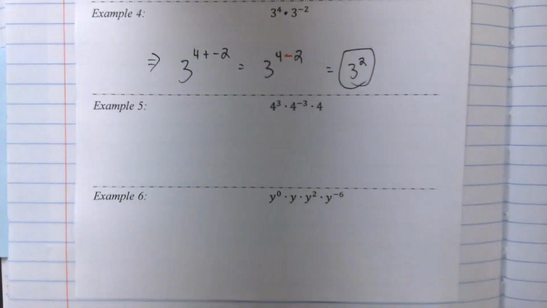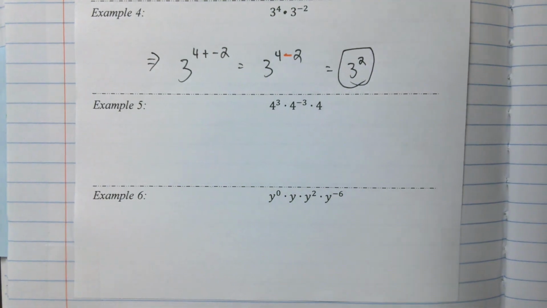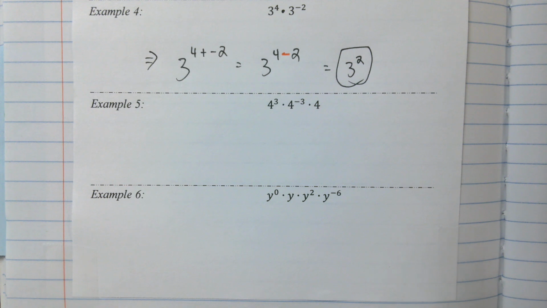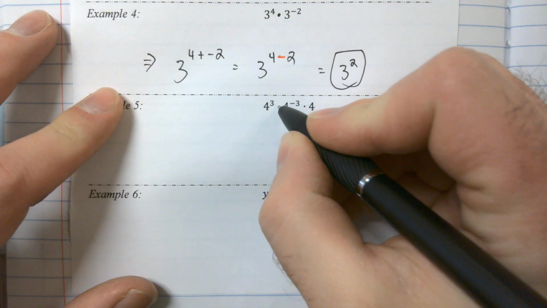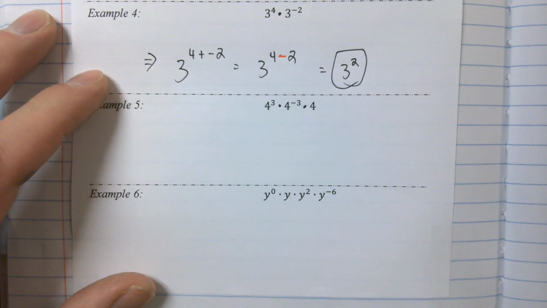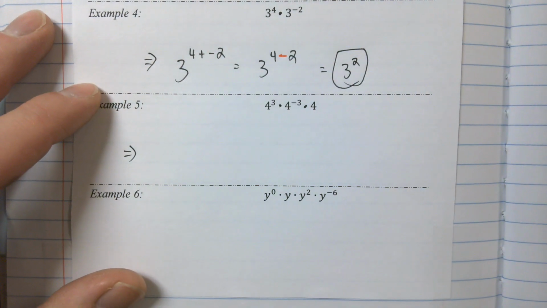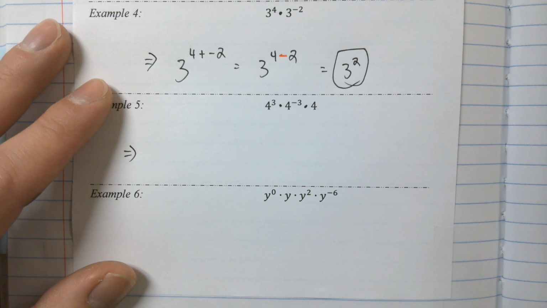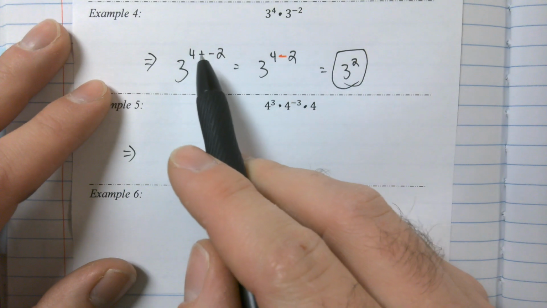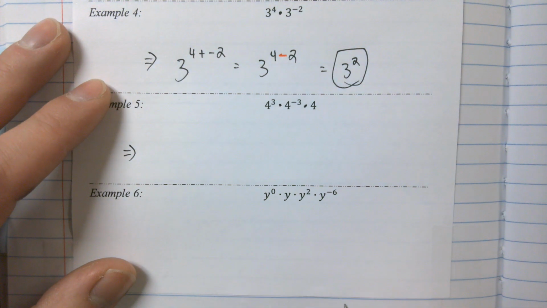Now, number 5, let's put a couple of these ideas together. What's my base in number 5? 4. What am I doing to all my like bases? Multiplying them. So what am I going to do with all my exponents? Am I going to multiply my exponents together? We're going to add them.